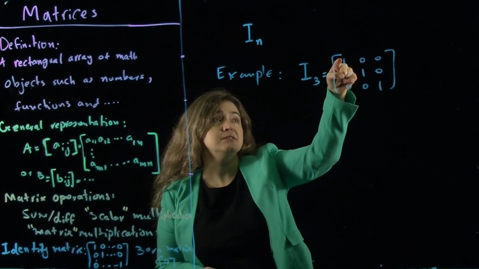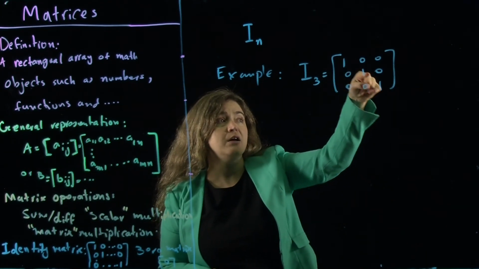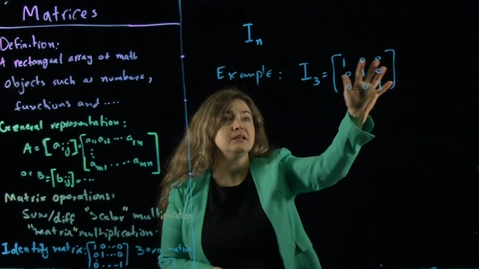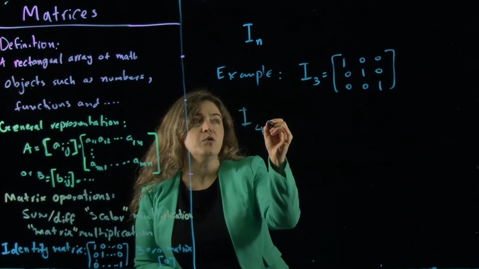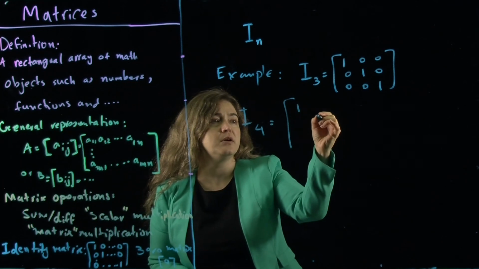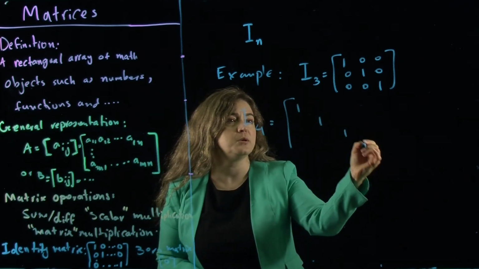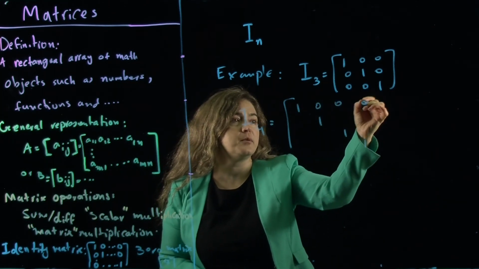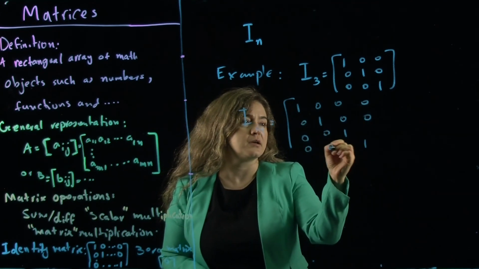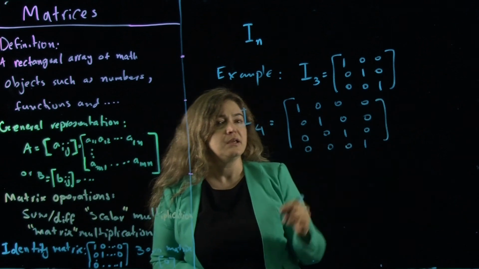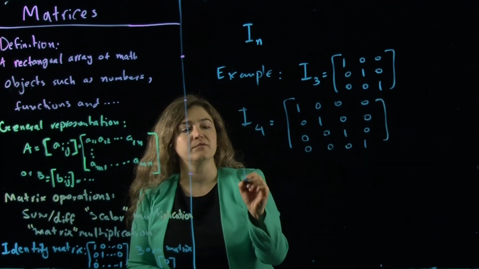That's number 1 on the main diagonal and 0 everywhere else. For example, I4 is going to be 1, 1, 1, 1 on the diagonal, and 0 everywhere else. And so on and so forth.